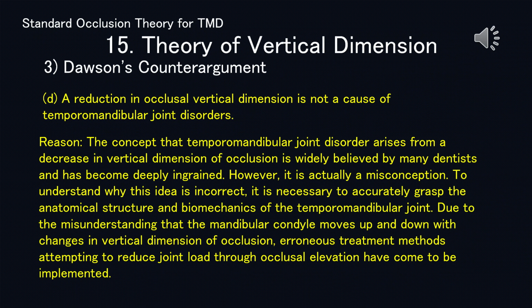To understand why this idea is incorrect, it is necessary to accurately grasp the anatomical structure and biomechanics of the temporomandibular joint. Due to the misunderstanding that the mandibular condyle moves up and down with changes in vertical dimension of occlusion, erroneous treatment methods attempting to reduce joint load through occlusal elevation have come to be implemented.